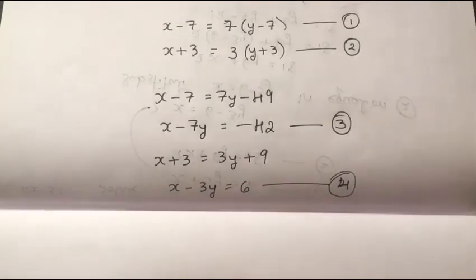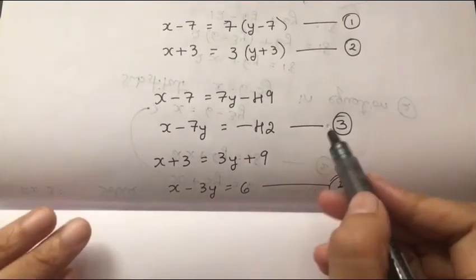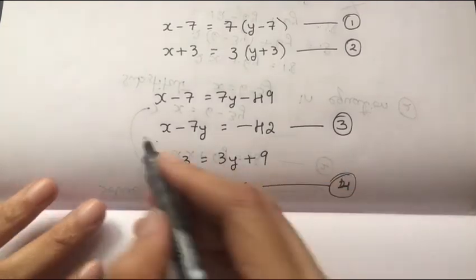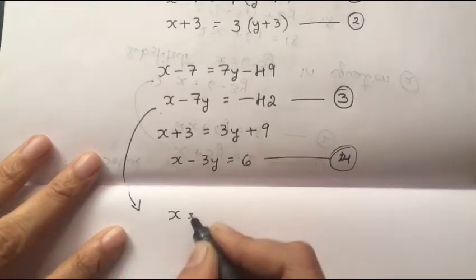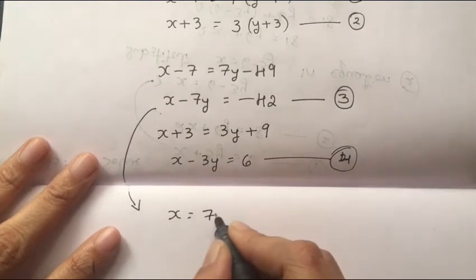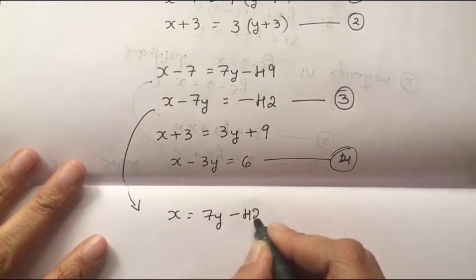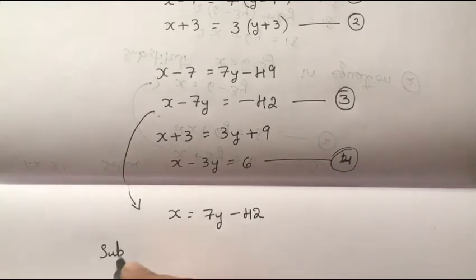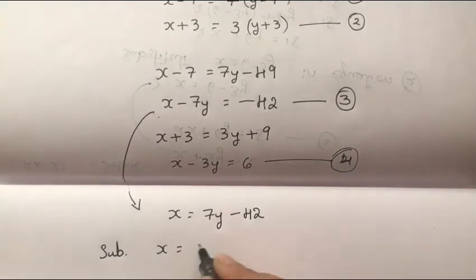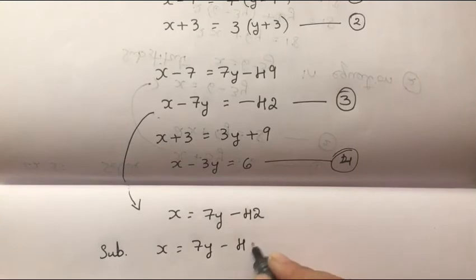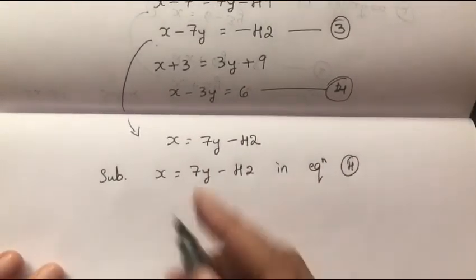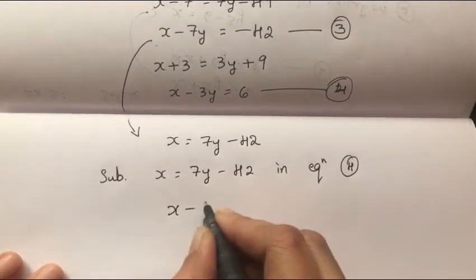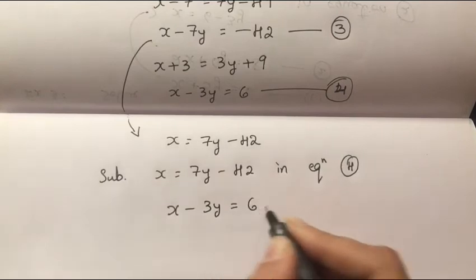So I have to solve this by substitution method. Now I'll take up equation 3 and rewrite it: x equal to 7y minus 42. Now substitute this x value in equation 4. Equation 4 is x minus 3y equal to 6.